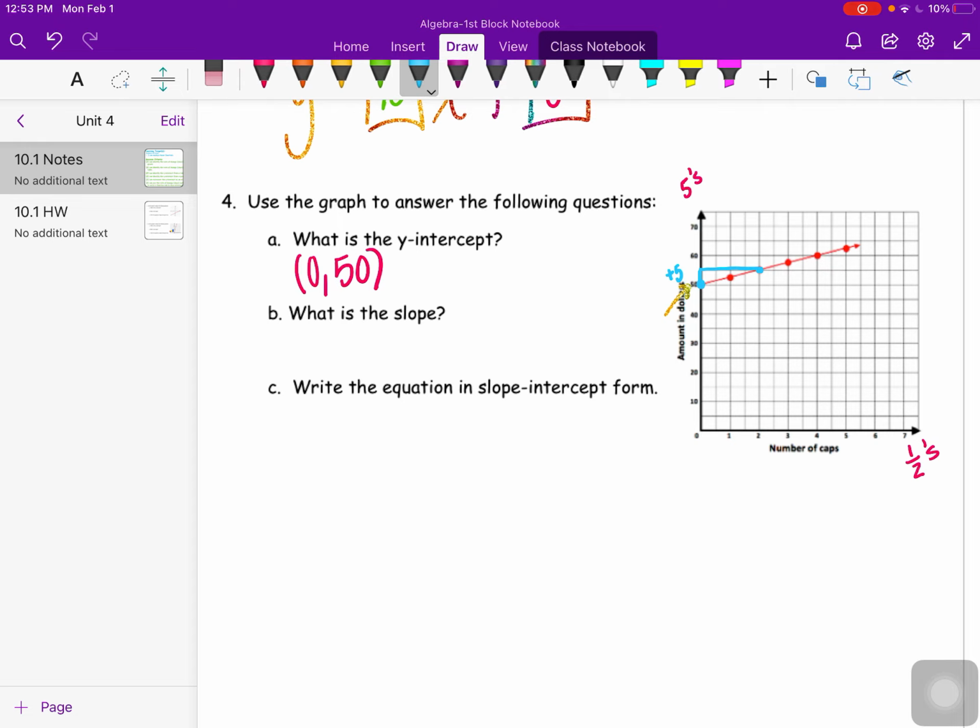So we're running 1, 2. We take 5 divided by 2, and I'm going to leave that as a fraction. Fill in your slope and your y-intercept into your skeleton equation, and you are done.